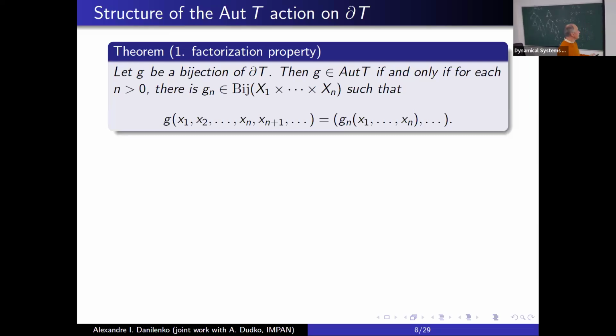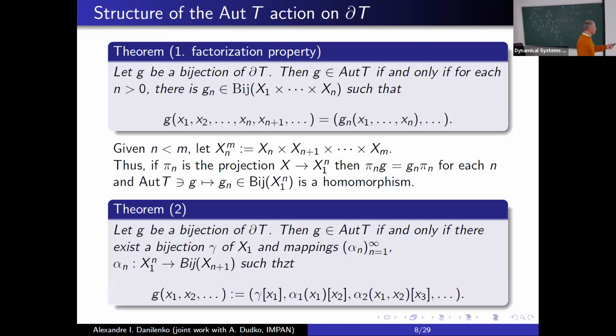This property completely determines the element g of the automorphism group. If we denote by p_n the projection from X to X_1 through X_n, then p_n composed with g gives g_n composed with p_n, where g_n is some bijection of the product of the first n coordinates.